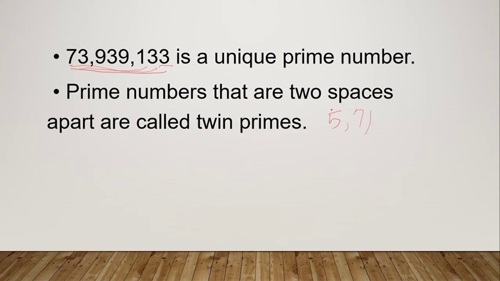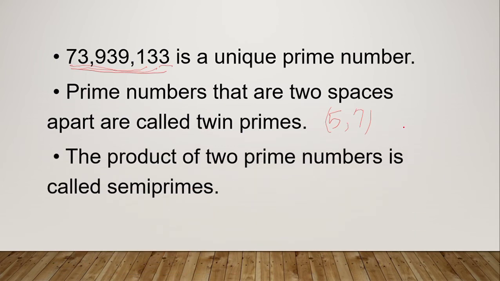So this is what we call twin primes, because there are two spaces in between them. You add 2 to 5, then you get 7. Prime numbers that are 2 apart are automatically called twin primes.